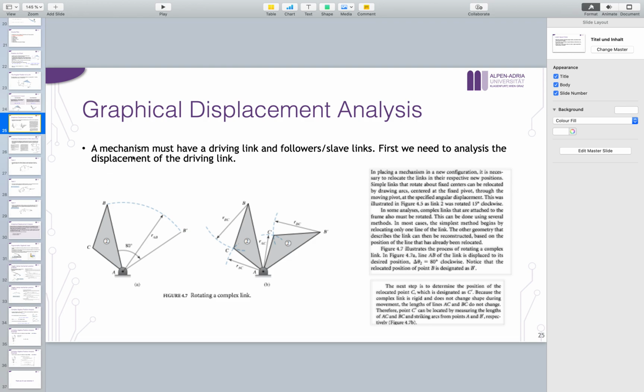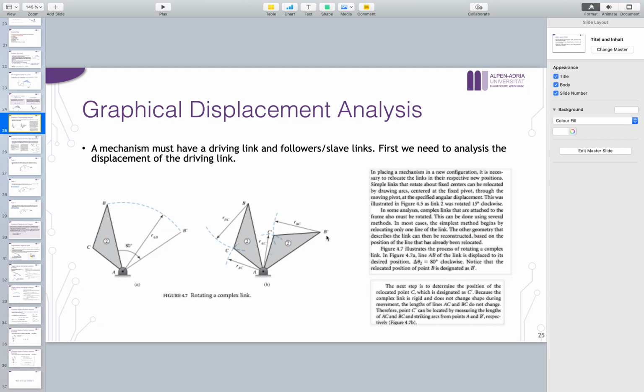This is the question that I need to answer using displacement analysis. And here we can do it graphically easily, because if I know the dimensions of this link, and I do that rotation, then I know the position of point B prime. Let's now ask what the new position of point C is.